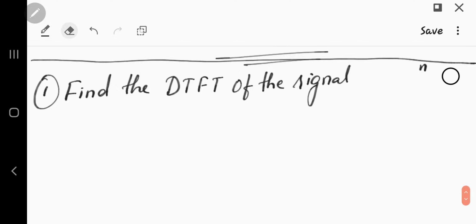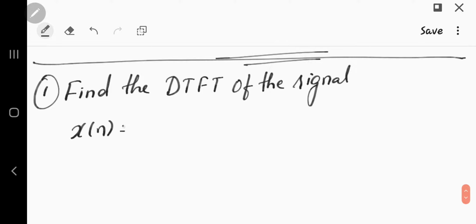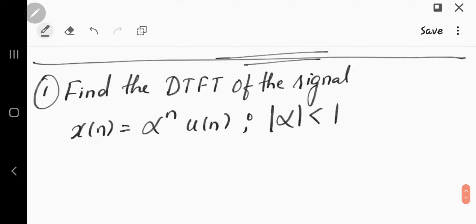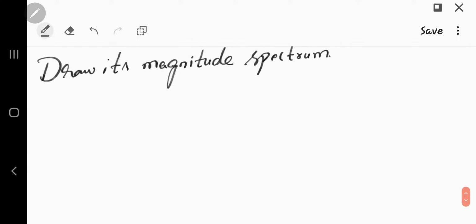I will write it down here clearly because there is a condition you have to understand. x of n is equal to alpha to the power n into u of n, where mod alpha is less than 1. Okay. Draw its magnitude spectrum. Okay.